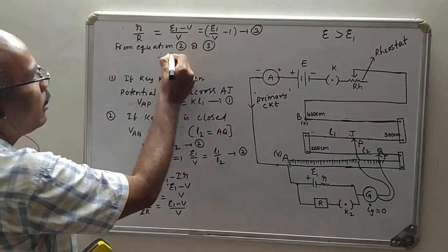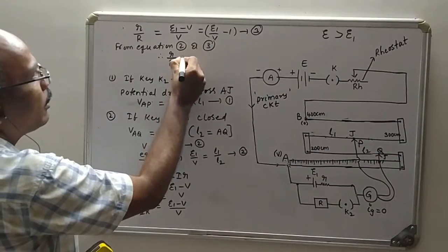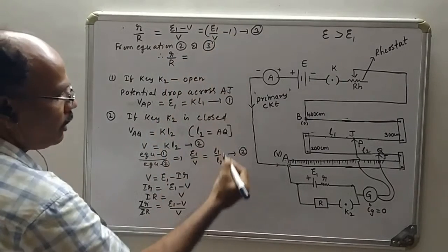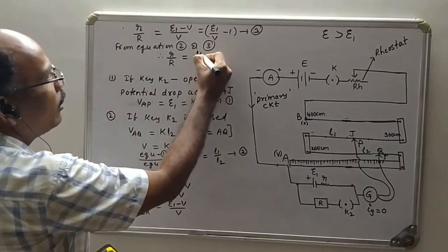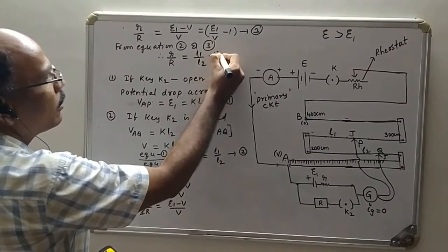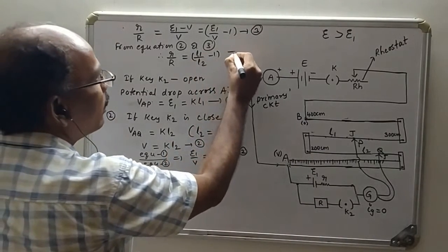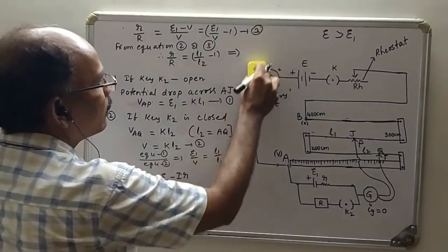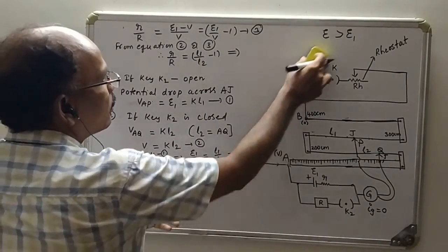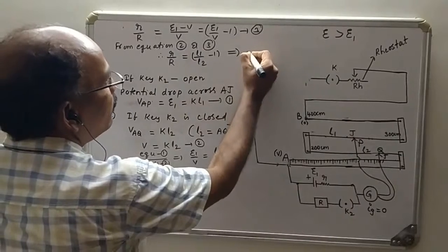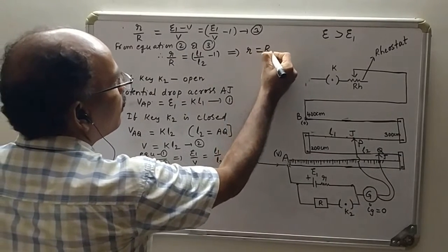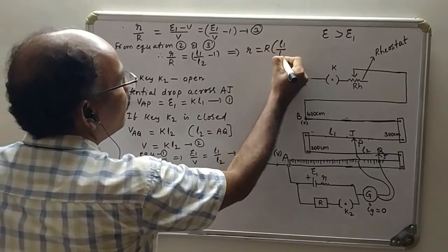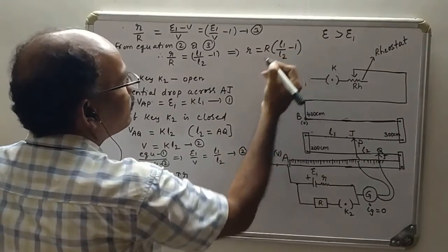Then finally small r by capital R is equal to L1 by L2 minus 1. From this we can write small r is equal to capital R into L1 by L2 minus 1.